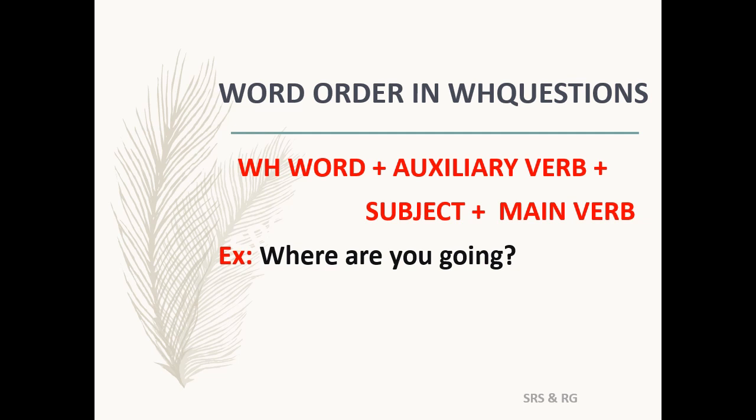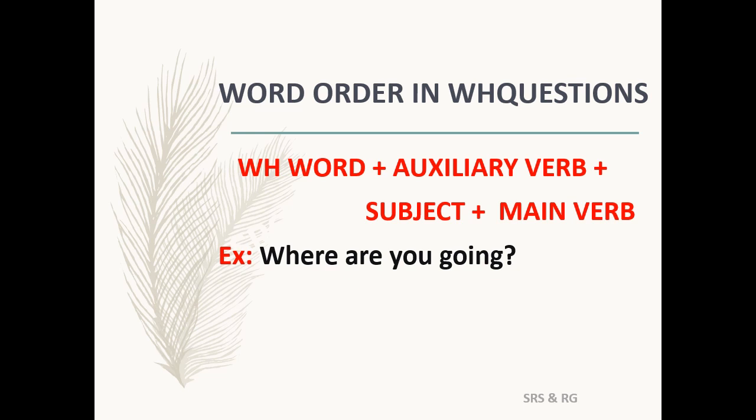Word order in WH questions. This concept is very important in framing a WH question because this gives the structure of a WH question. That means, very simply, it is a formula for a WH question. Then what does this formula contain?